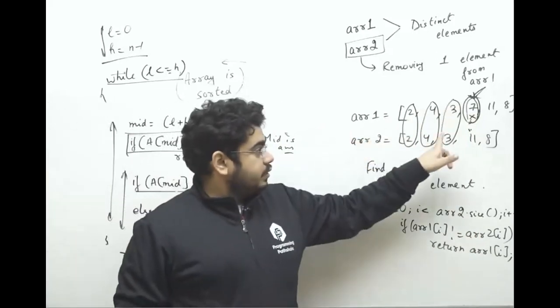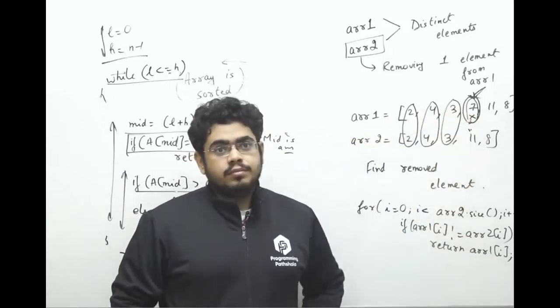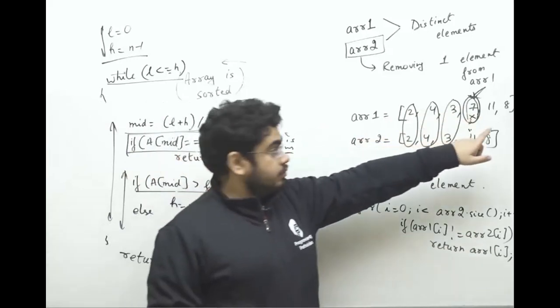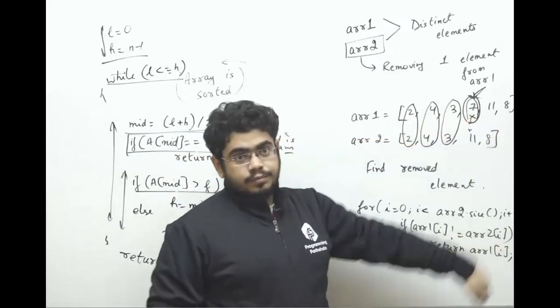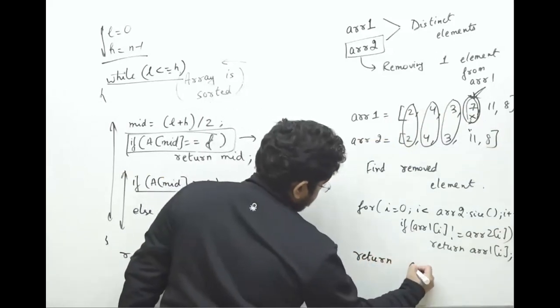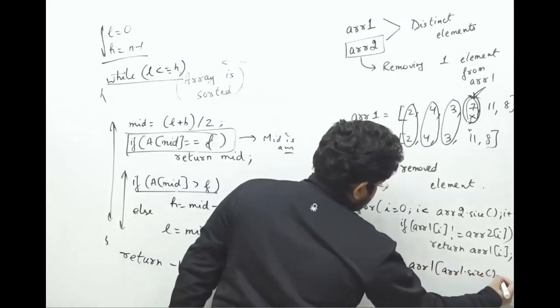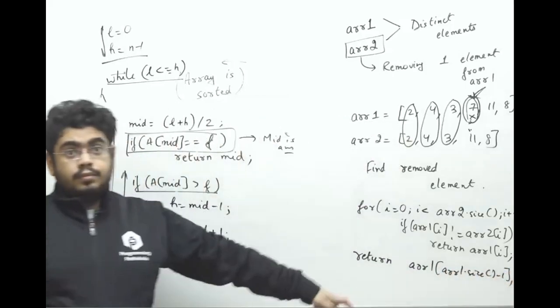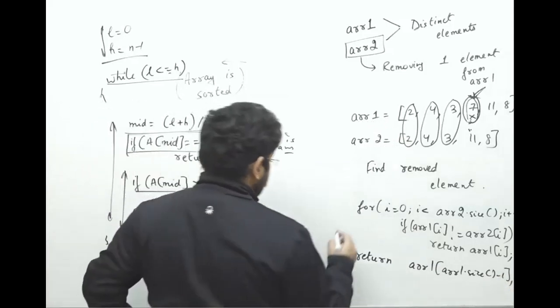If for the complete length of array 2 the elements are exactly same, yeah, last was removed, right? Last one would have been removed. Can you see that? So you'll say return array 1 of array 1 dot size minus 1. Is this idea making sense to everyone?